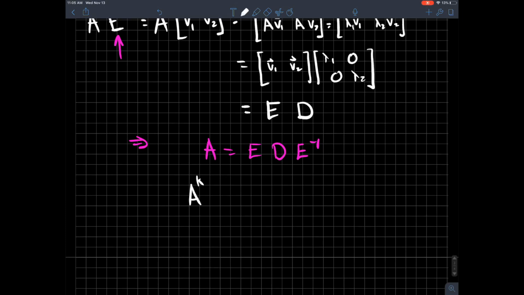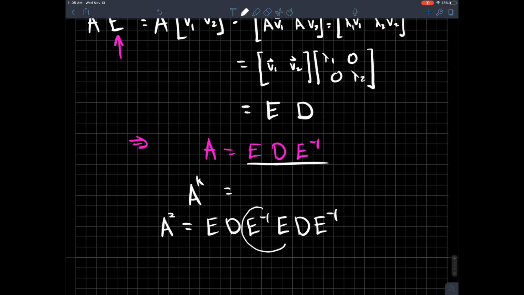Check this out. Before I tell you what A to the K is, let's just do it for A squared and see what happens. Using this way of writing it, we're going to have E D E inverse times E D E inverse.